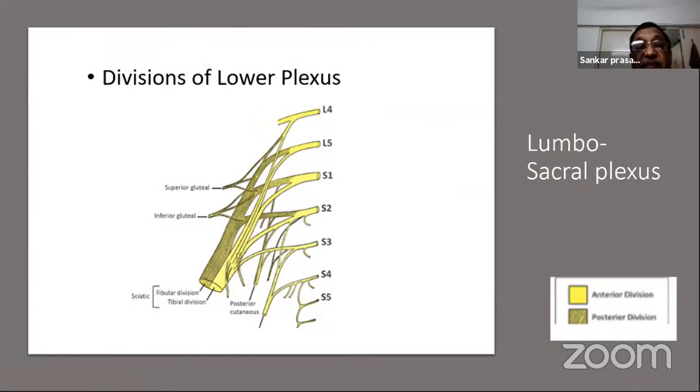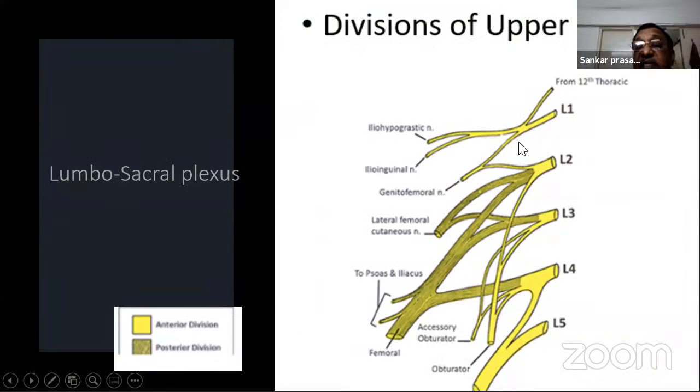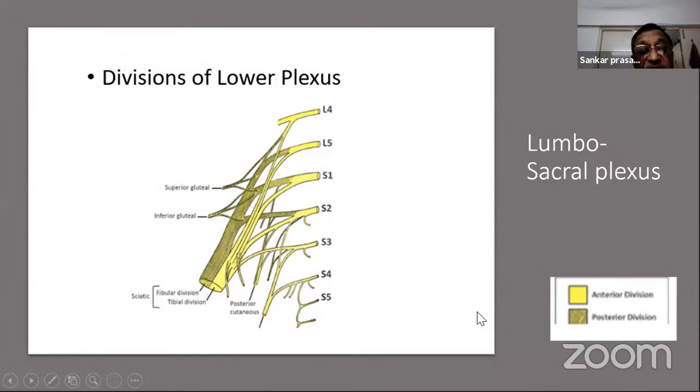The lumbosacral plexus, the lower plexus, has the fibular division and the tibial division. This is L4 downwards, that means L5, S1, S2, S3. This is the lower plexus. The upper plexus is L1, L2, L3, L4. So L4 partly comes to the lower plexus. The lower plexus mainly gives rise to the sciatic nerve, the fibular and tibial divisions, and the posterior cutaneous nerve of the thigh.